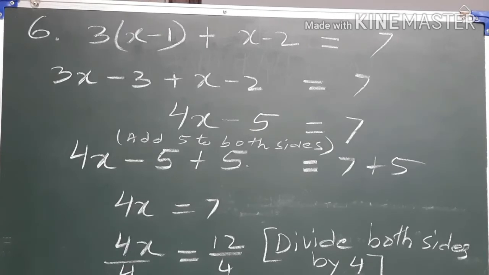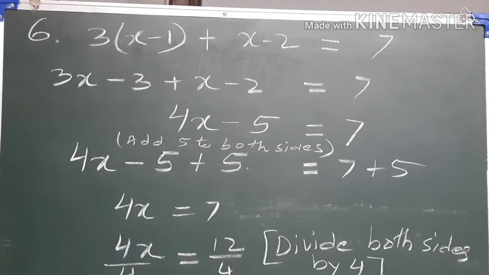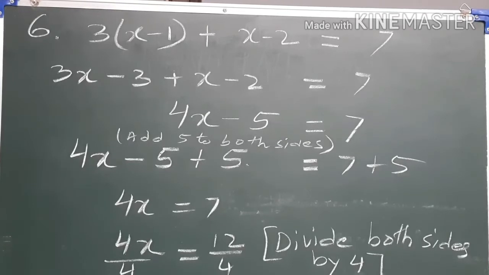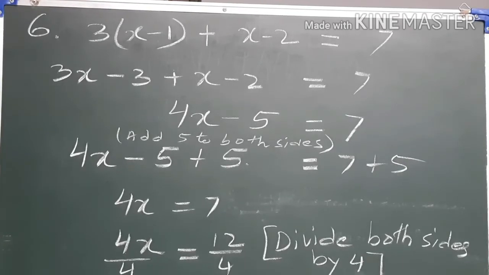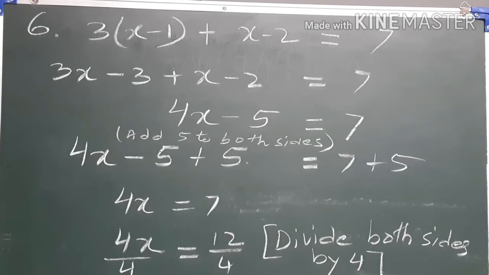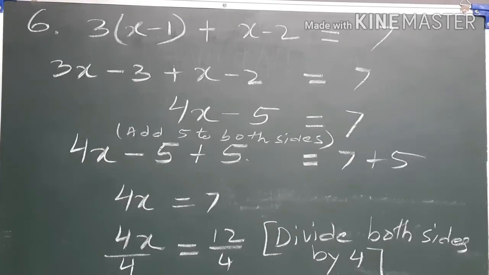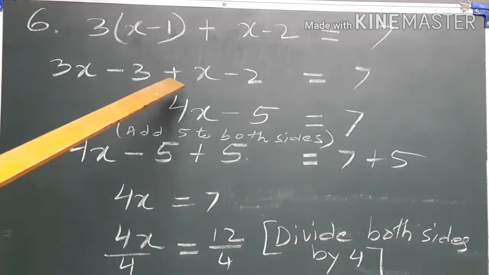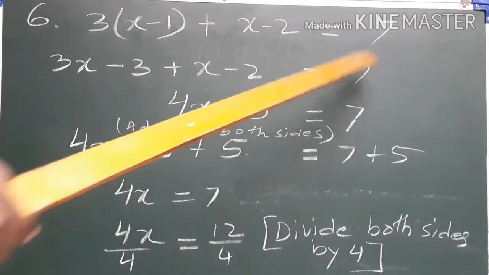Question number 6. The equation says 3 in the bracket x minus 1, plus x minus 2, is equal to 7. Now first we have to simplify: 3x minus 3 plus x minus 2 is equal to 7.